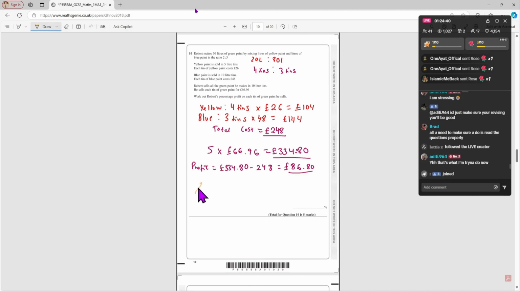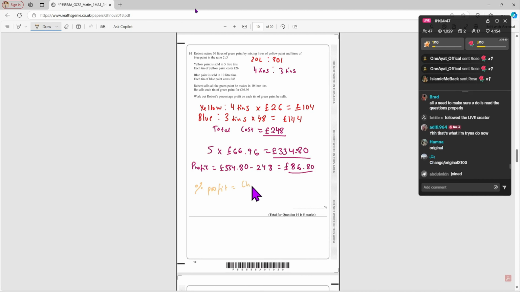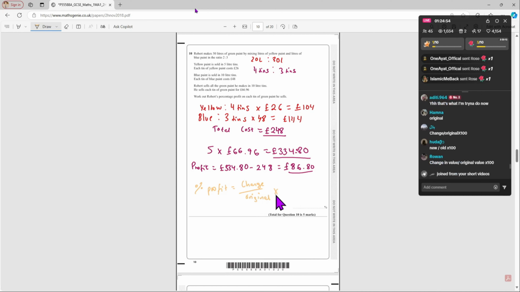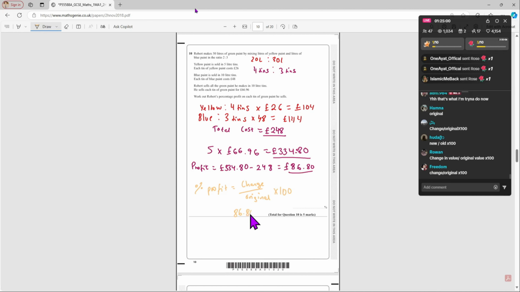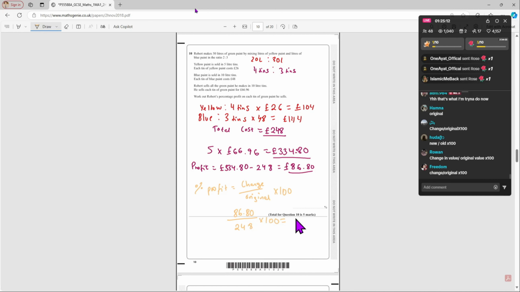The percentage profit is going to be the change over the original amount, times by 100. So the change is going to be £86.80 over the original amount, which was 248, times it by 100. And when you put this into your calculator, you will get 35%.